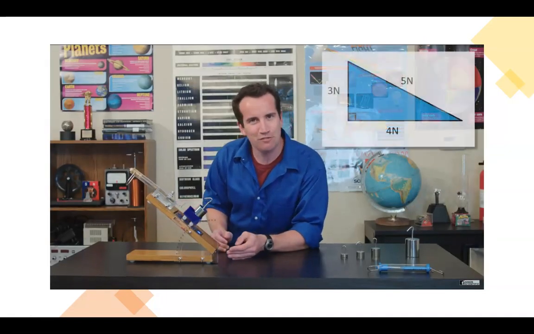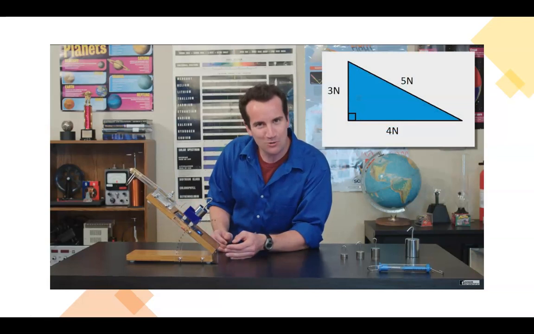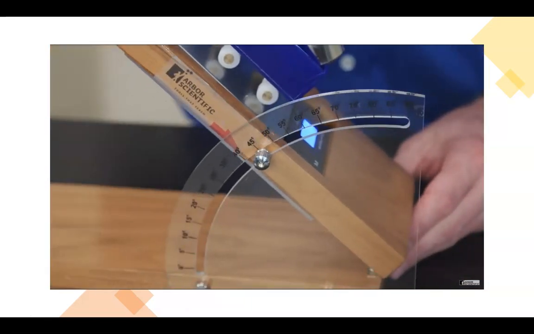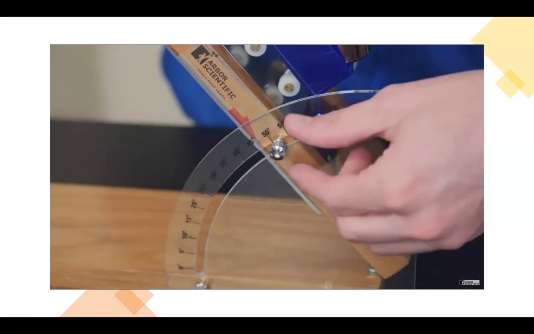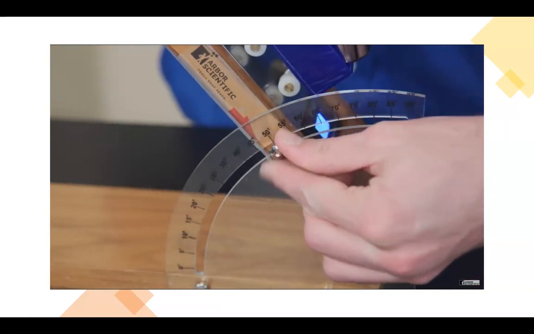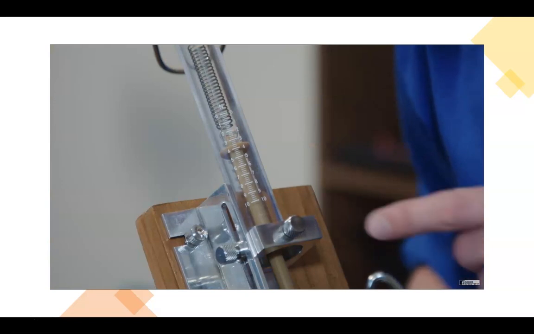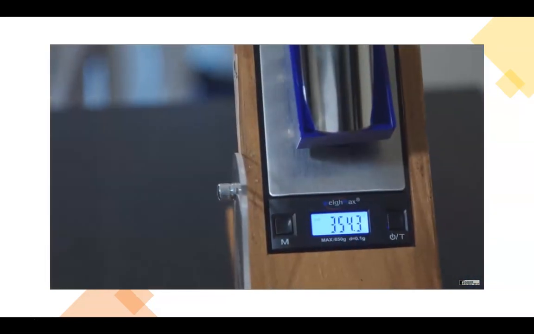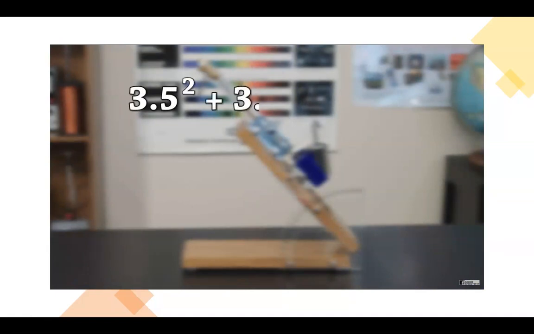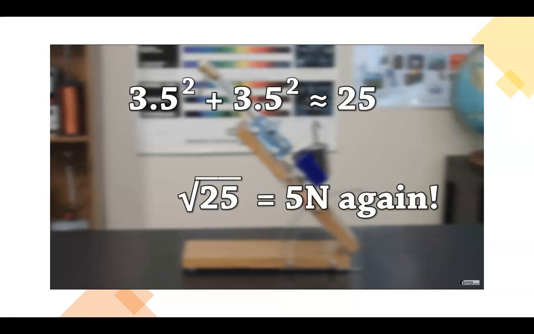It's the famous 3-4-5 triangle, and each component is a leg of that triangle. What about 45 degrees? 3.5 and 3.5 newtons. And 3.5 squared plus 3.5 squared is 25. The square root of that is 5 again.